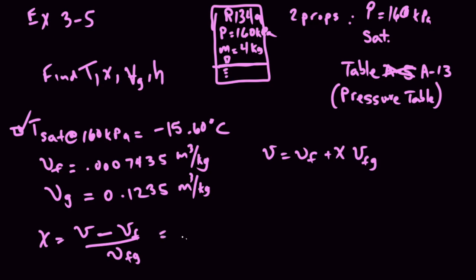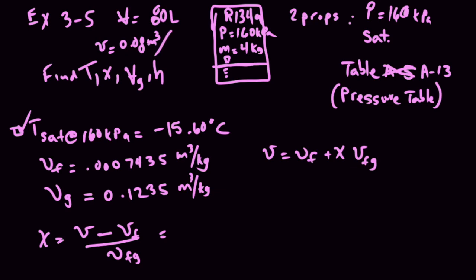And so we know that this was actually given: 80 liters was the total volume. Then we know that the specific volume of this tank is equal to 80 liters, which is 0.08 meters cubed, divided by the mass.